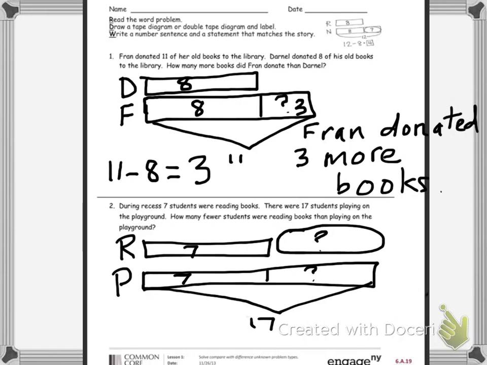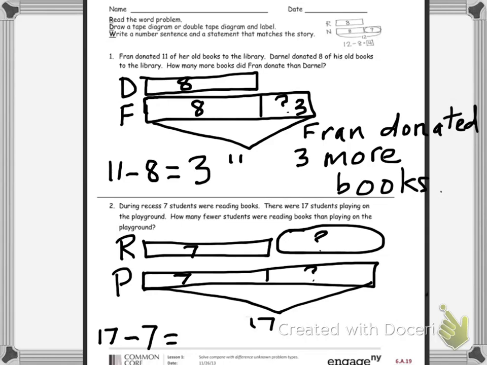Well, we can do the problem 17, which is the total number of students playing on the playground, minus the 7 students that were reading, and we'll figure out how many fewer students were reading than playing on the playground.